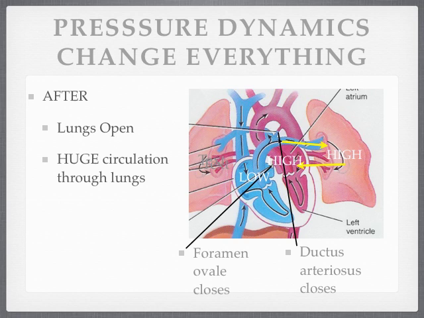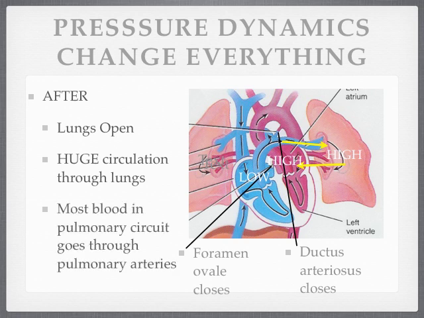atrium. And that higher pressure is going to push against the foramen ovale and cause it to close. So the point here is that the ductus arteriosus closes. That changes the pressure dynamics in the lungs and in the left atrium, and that pressure then is going to close the foramen ovale, not permanently, but with every beat.